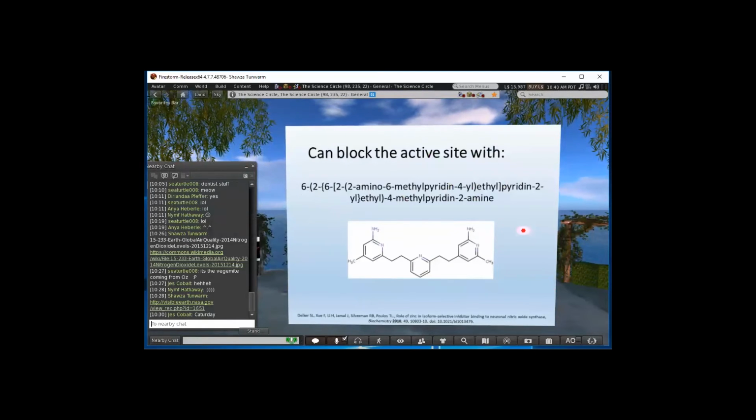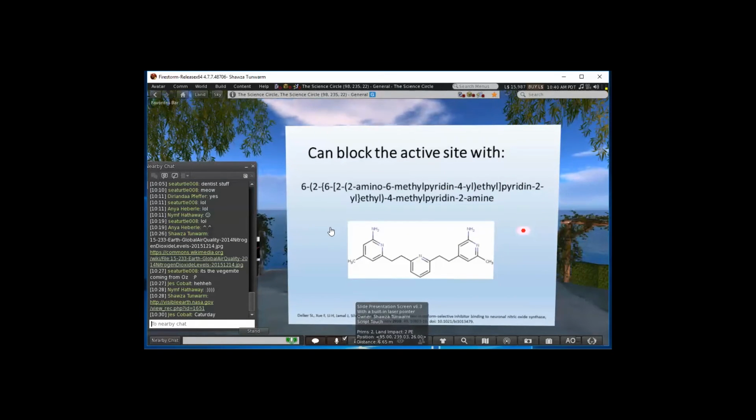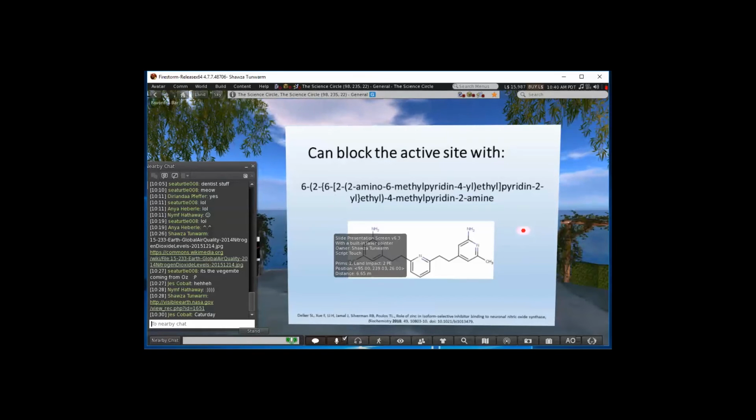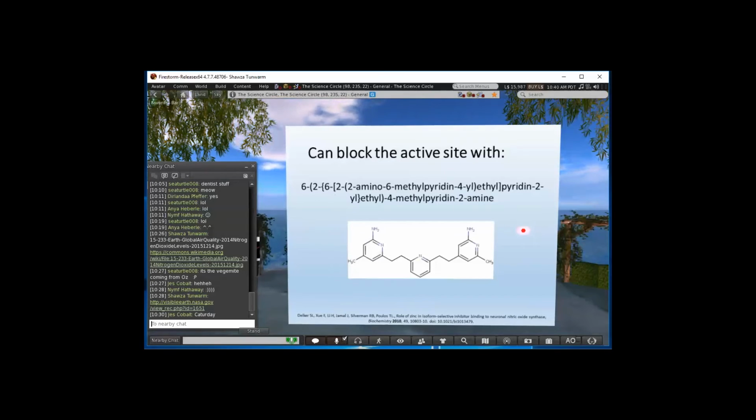So in this particular paper, they blocked the active site with this molecule. I'm not even going to attempt to read its name. Reading its name would really just be a stunt. Suffice to say, it's kind of like the L-arginine, which is what the nitric oxide synthase usually acts on, and it can kind of fit into the active site. But once it's there, it just gets stuck. And so it deactivates the active site.